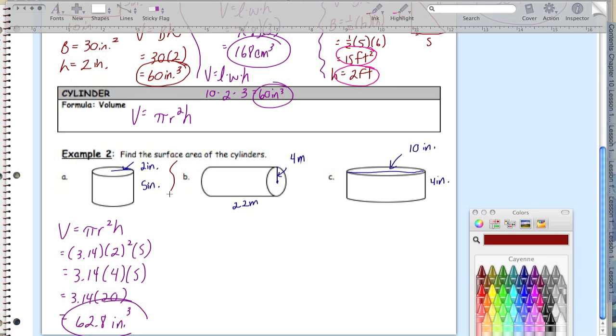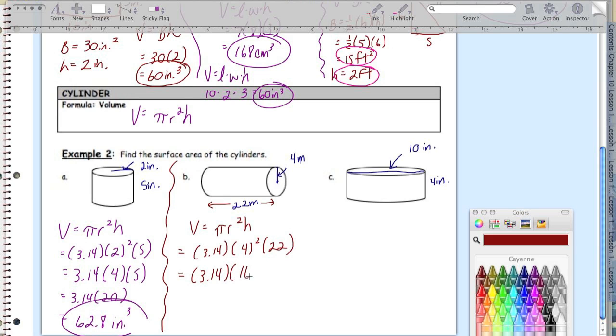Letter B, they're giving me, again, the radius is 4, the height, even though it's oriented that direction, is going to be 22 meters. So volume equals pi r squared h. Pi is 3.14. Radius is 4 squared, and my height is 22. Following order of operations, I have to square this 4 first, so I get 16.